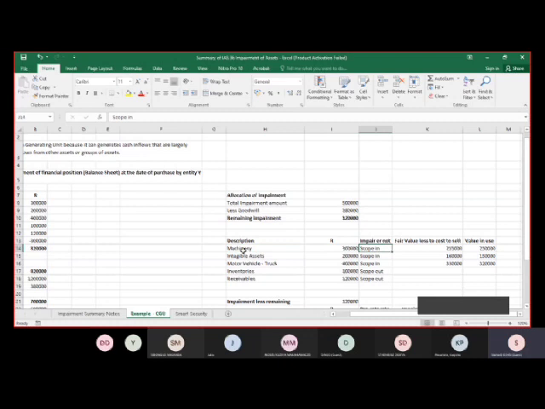Machinery is scoped in. Intangible asset is scoped in. Motor vehicle truck is scoped in. Inventories are scoped out. Receivables are scoped out. I didn't include those. So it means this 120 that you have, you're going to allocate within these three assets only.